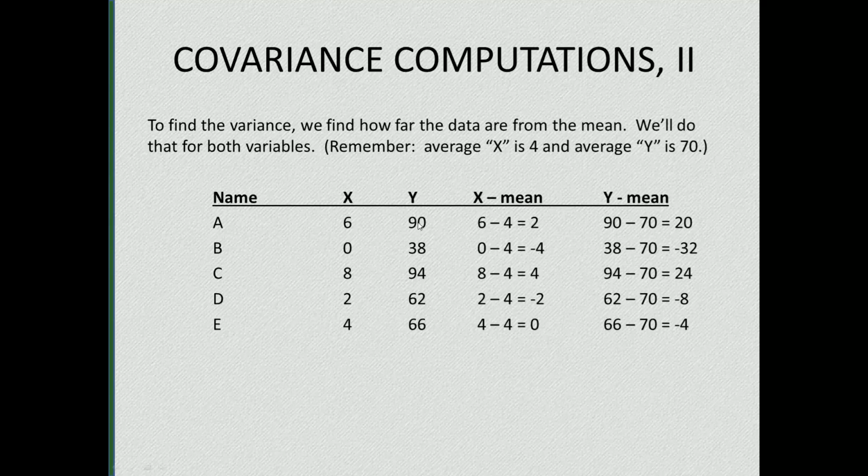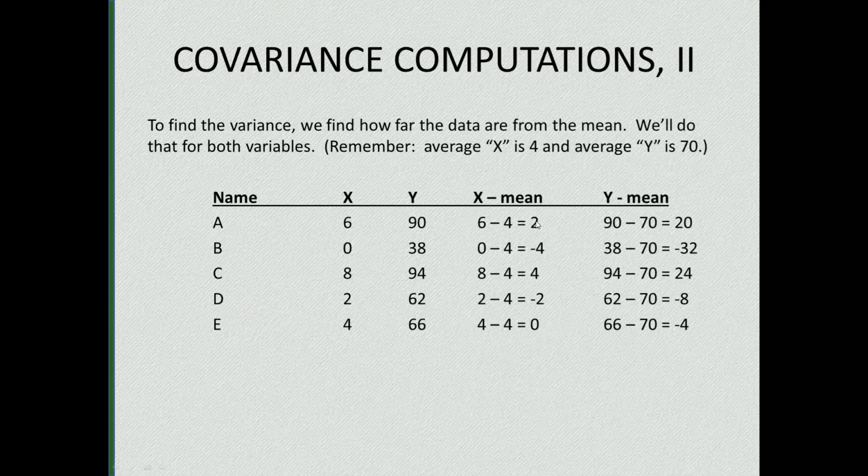We do the same thing for the grade variable. Anastasia's 90 was 20 points above the average grade of 70. Balf's 38 is 32 points below the average grade of 70, and so on. Now, if we were finding a variance for the X data, we would take these numbers and square them.